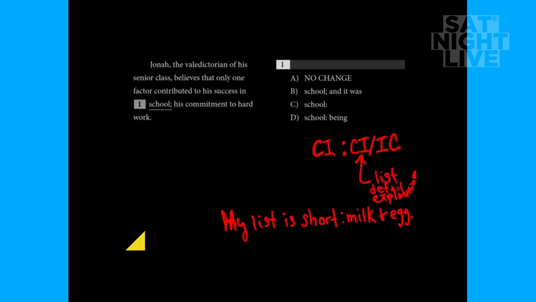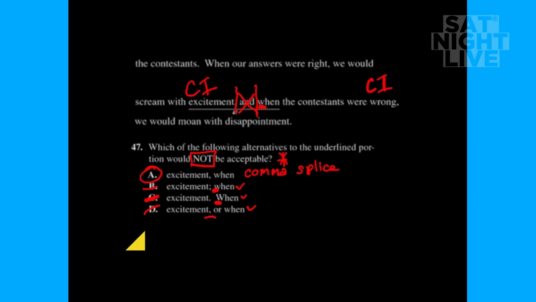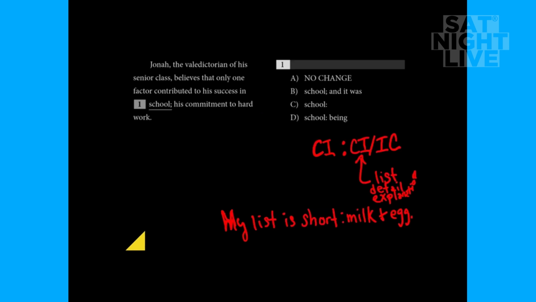All right, so in my example that I wrote down here, it's not a complete sentence. We could say, like the previous one, it's slightly different with two complete ideas, how there's this juxtaposition of screaming with excitement versus moaning with disappointment. Now, that's a slightly different use, but you might see something like, I'm so tired.